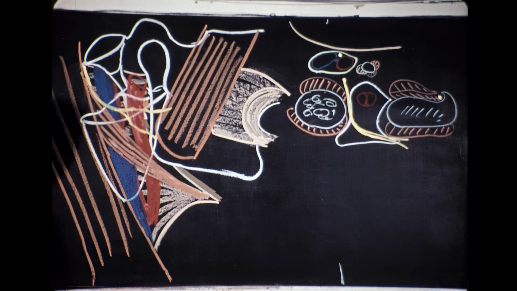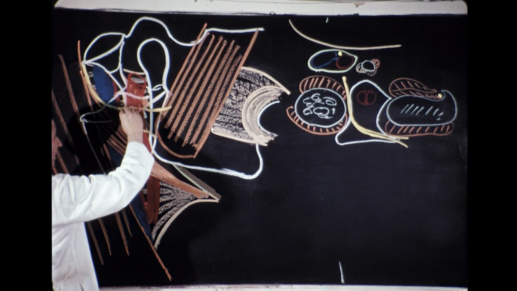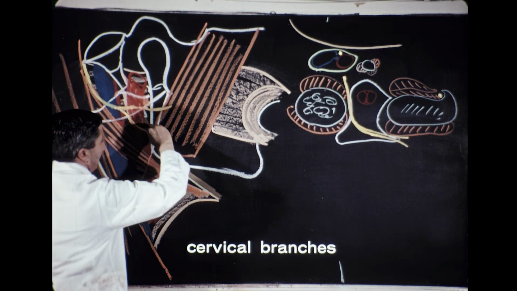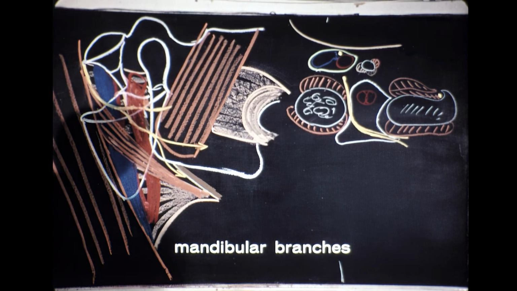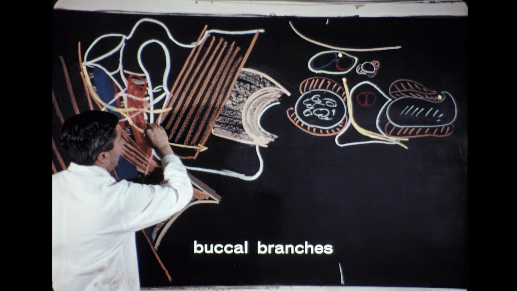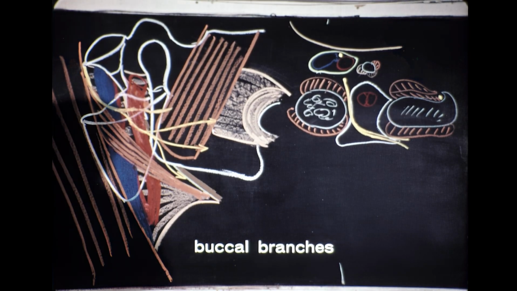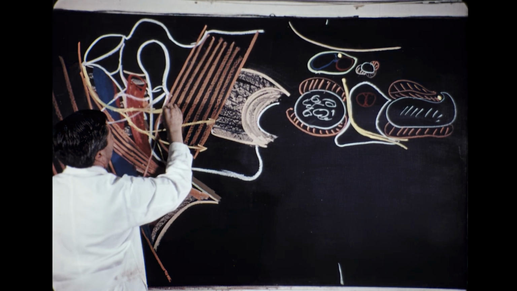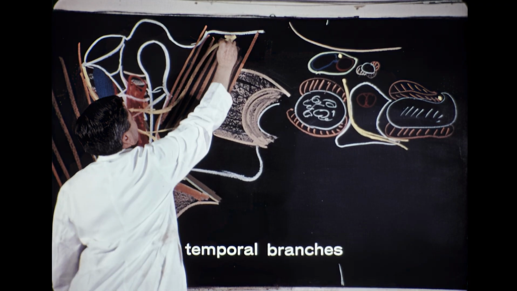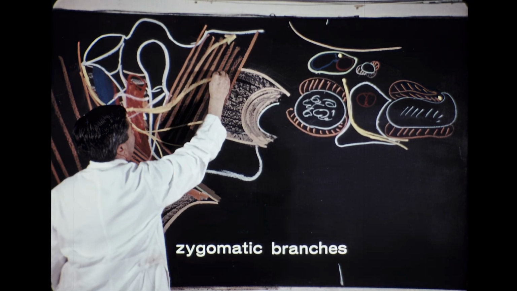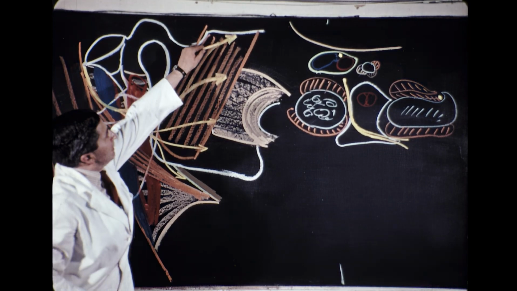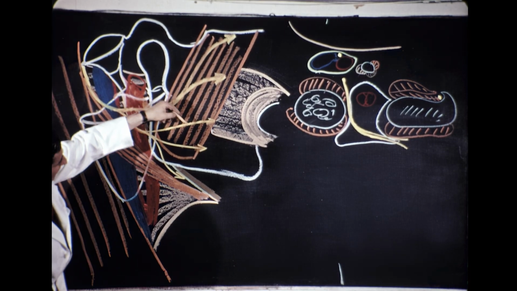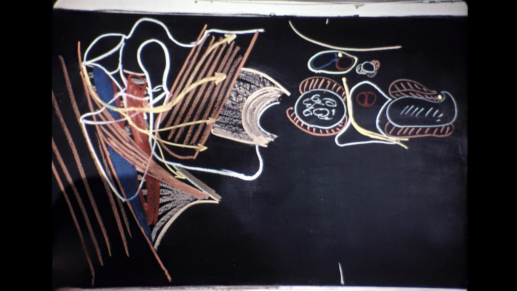And here the terminal branches will be: the lower branch will come down into the neck as the cervical branch, then we shall have a mandibular branch passing forward onto the mandible, and a buccal branch passing forward over the masseter to the buccinator. And then the upper division will come up here as a temporal branch and a zygomatic branch. So the order of things then are temporal and zygomatic, and then buccal, mandibular, and cervical.